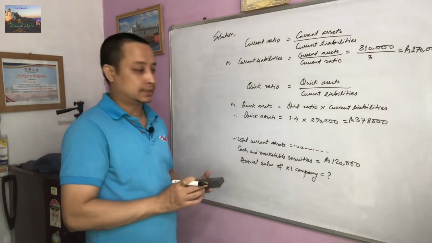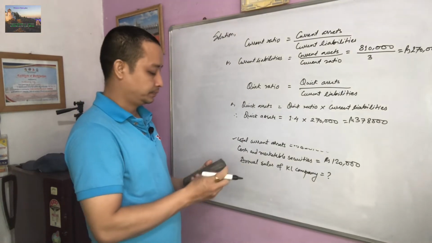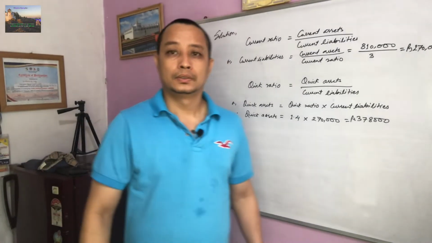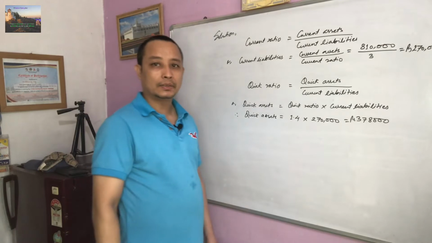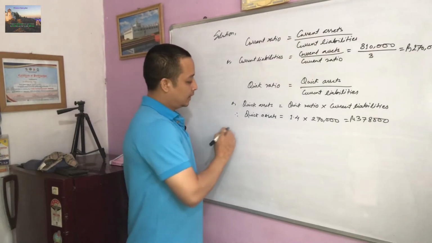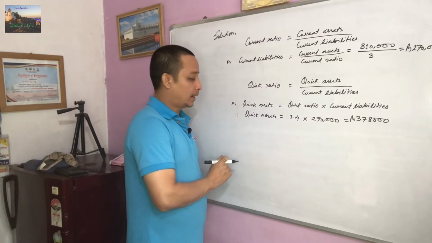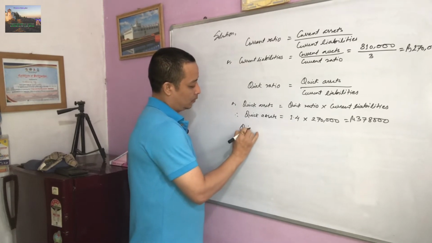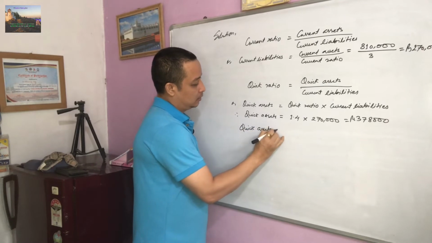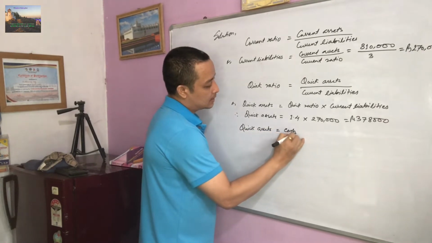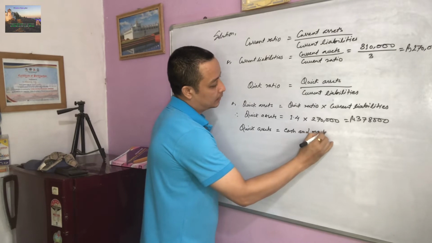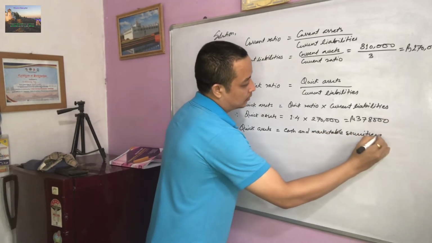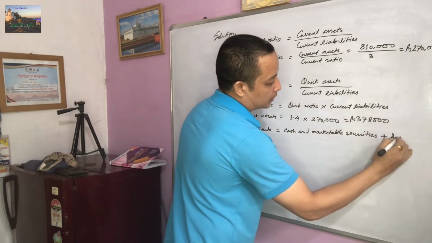After getting quick asset, you have to find account receivable. Okay, now let's see, after finding the quick asset, you can find the account receivable by using quick asset. So here, quick assets equal to cash and marketable securities plus account receivable.